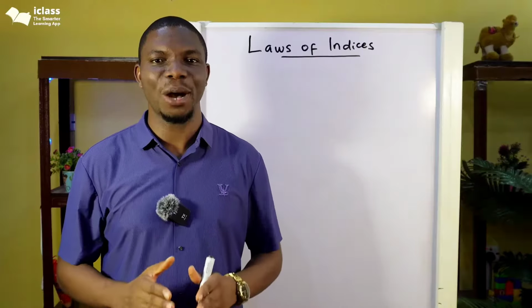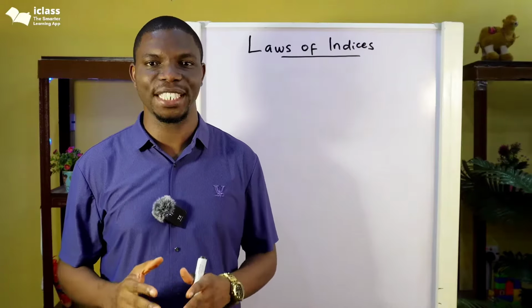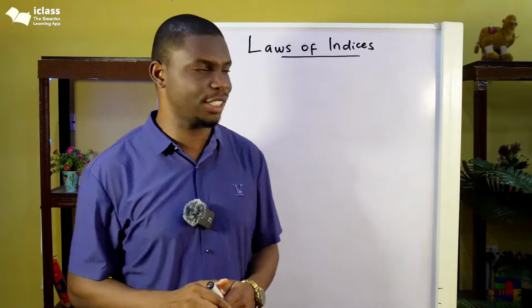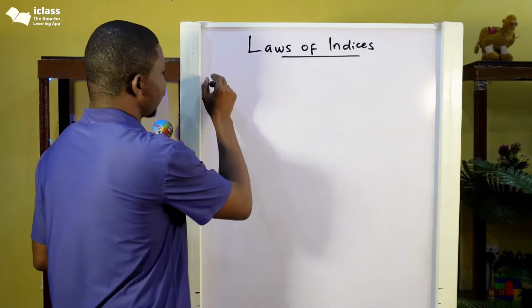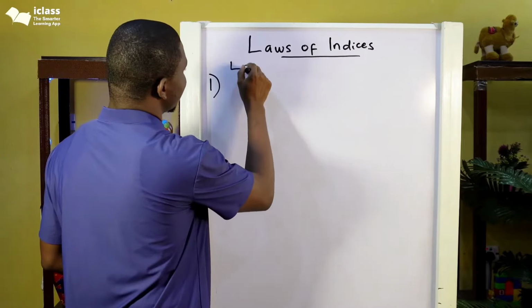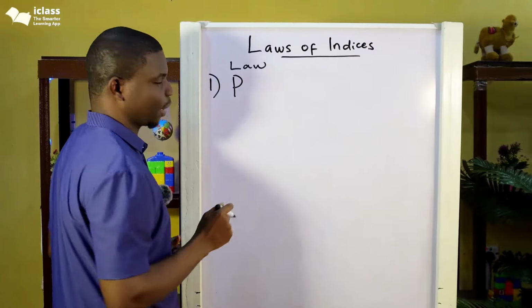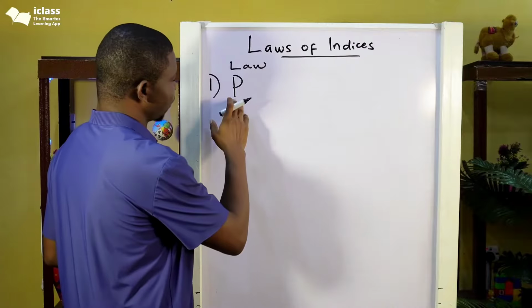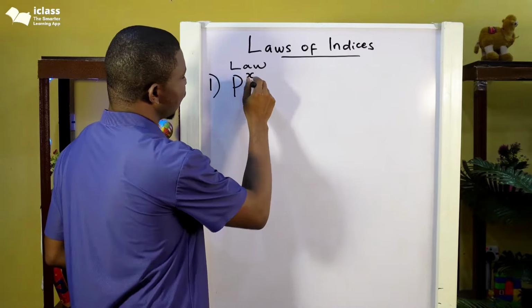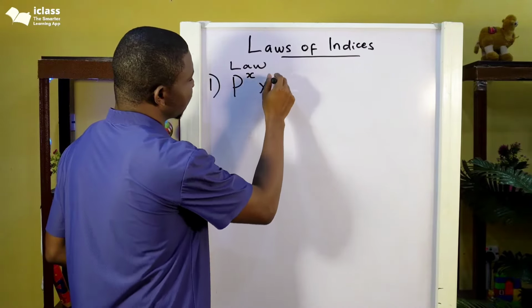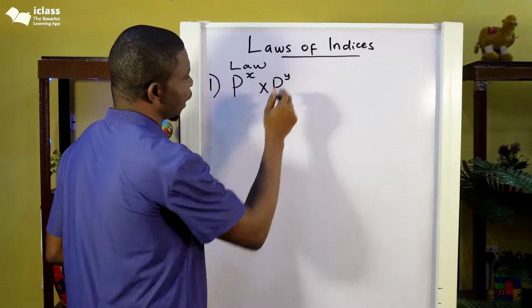Welcome back. I will now list some laws of indices and give some examples to explain these laws. All right, the first law that we would look at is the multiplication law. Let's say p to the power x multiplied by p to the power y.